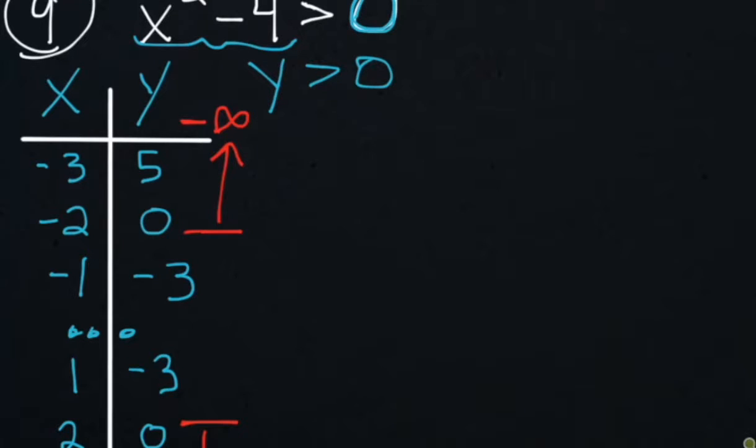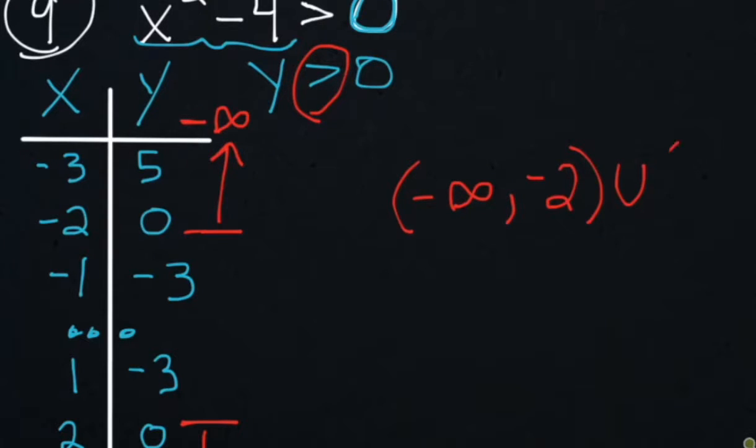So let's write that out in interval notation. We have negative infinity to negative 2. Do we include the 2? No, we don't have an equal to, so it gets a parenthesis. We do our U shape, positive 2 to positive infinity. This is the interval at which my function is greater than 0.